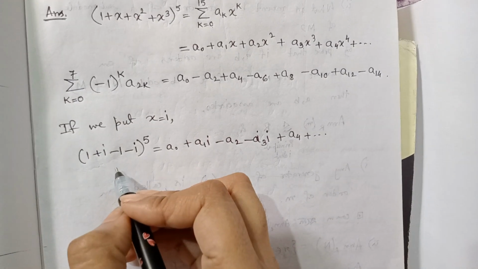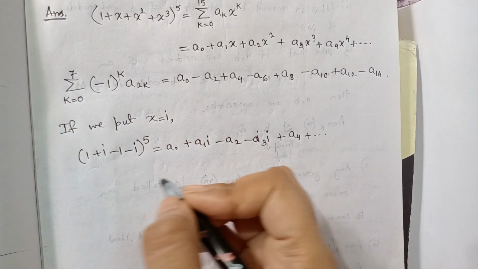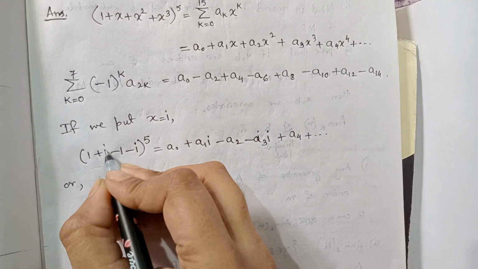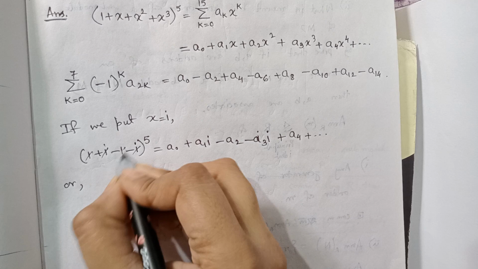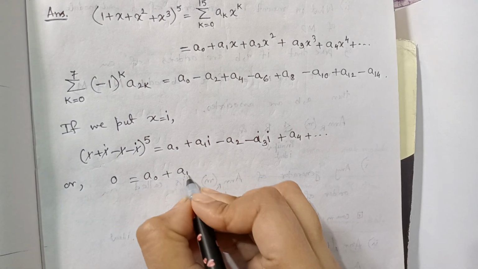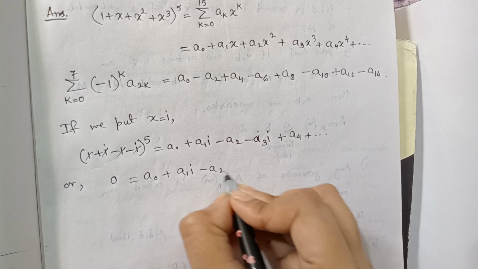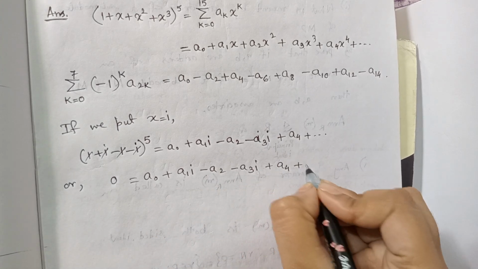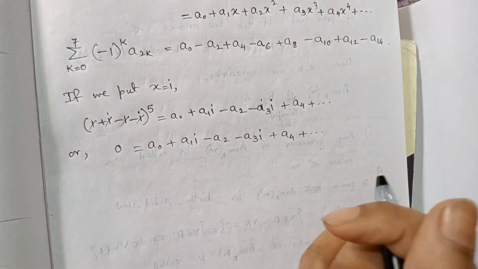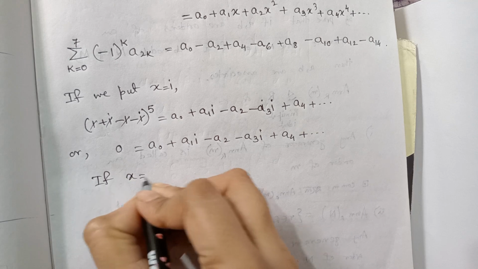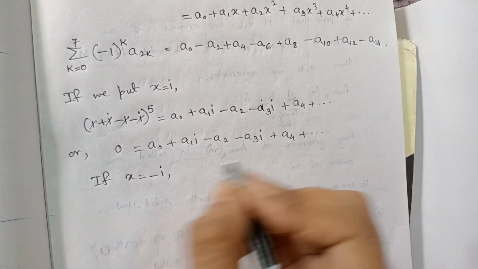Now we are coming to the next substitution. But before that we just simplify this. See, the left part comes to 0. So 0 equals a0 plus a1 i minus a2 minus a3 i plus a4, and so on. Similarly, if we put x equal to minus i, then what happens?